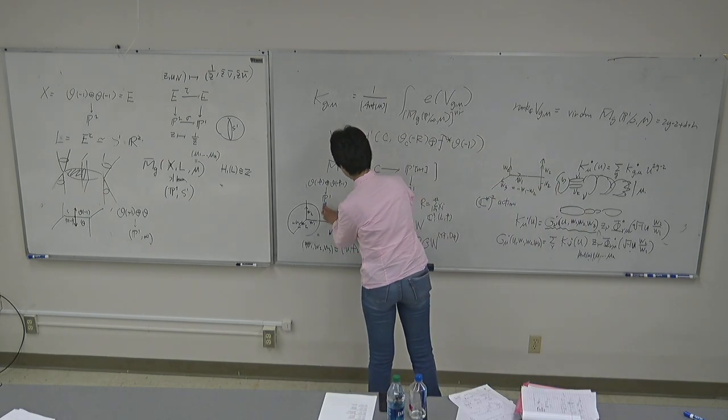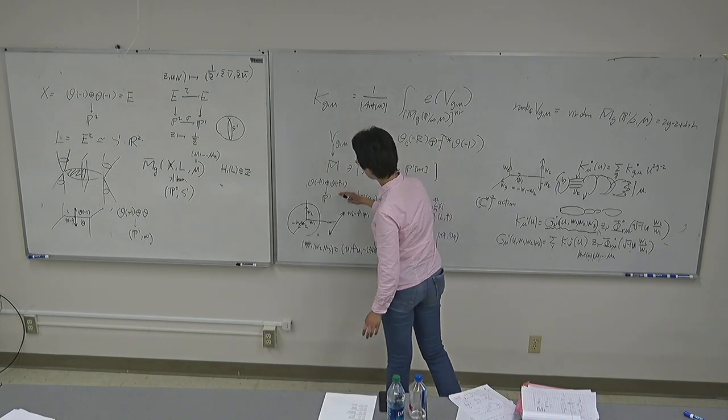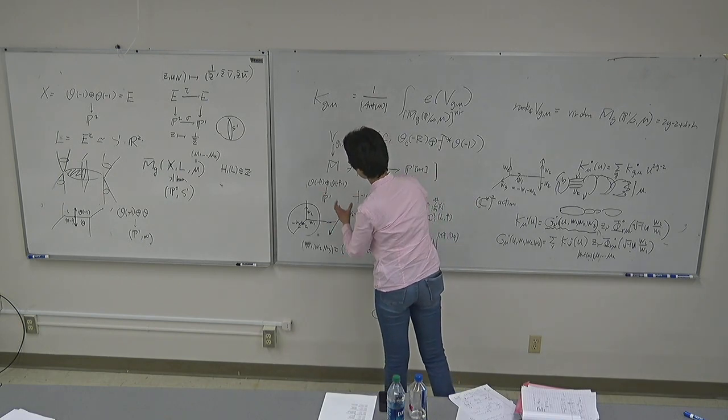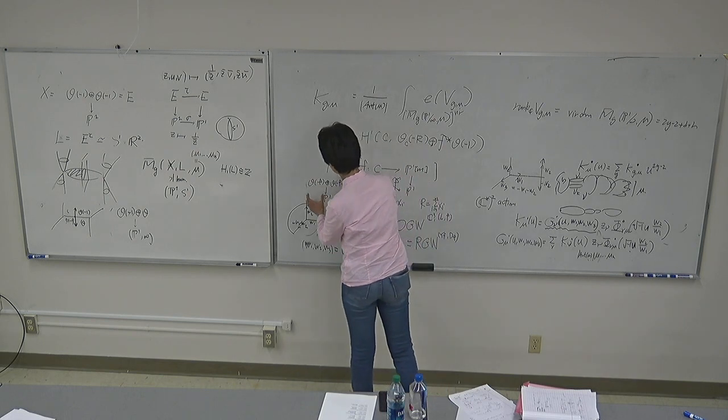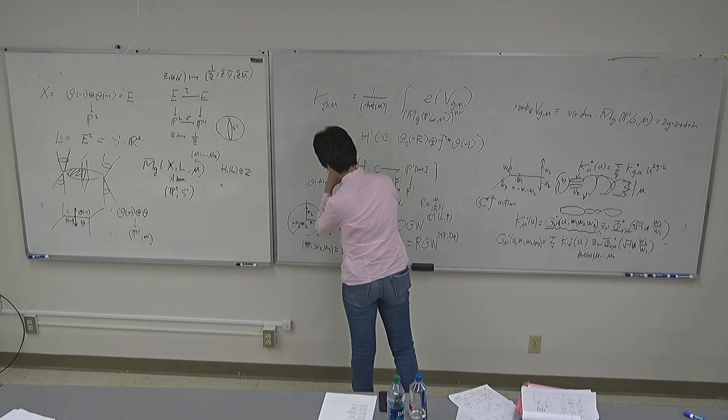Moreover, a priori, because this is not a vector bundle, if you just do localization on the total space, the answer you get should depend on the torus weight.